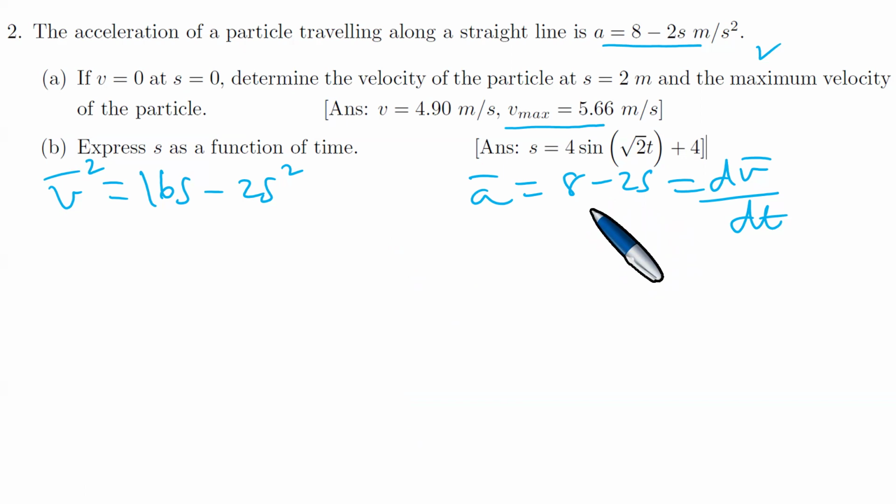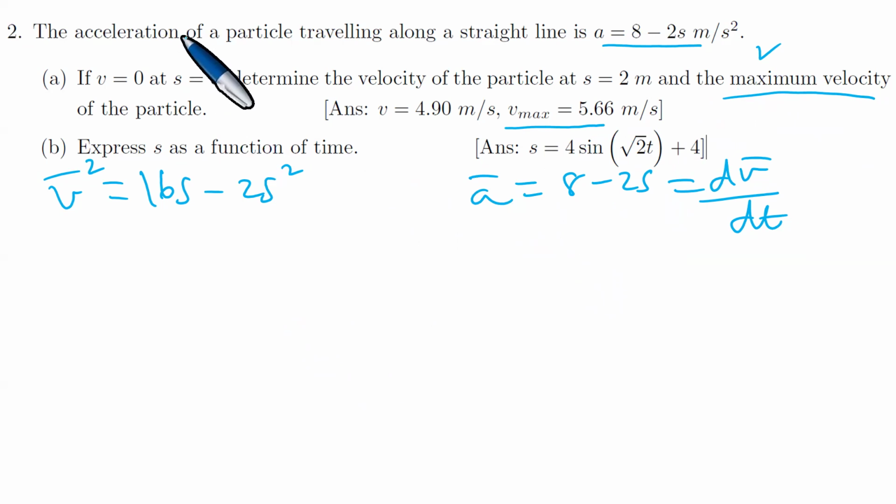So if this becomes the case, you can say, at the point where we have the maximum velocity, which is what we need to determine, how would that relate to the acceleration?